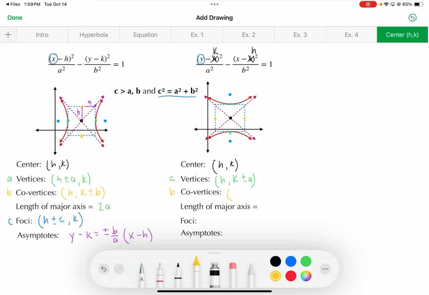They come from b. You're moving left and right, so (h plus or minus b, k). Length of the major axis, still 2a. Foci come from c. You're moving up and down to get to the foci, so h and then k plus or minus c.